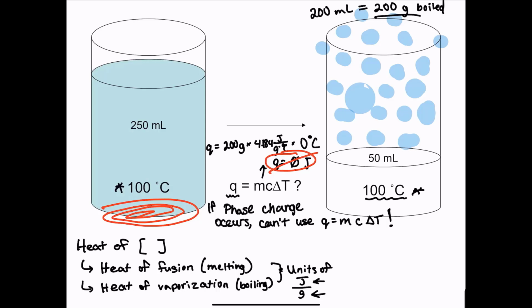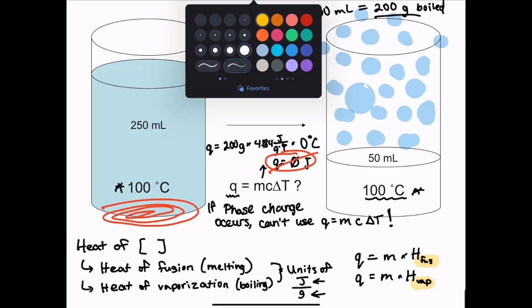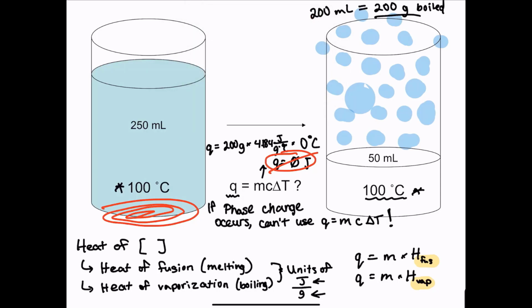So in order to relate these together, this time Q just equals the product of the mass and the heat of either fusion or vaporization. So I'm going to write both of these expressions, but really I want you to think that you only need to remember one of these, and that the subscript here just basically depends on whether you're melting or boiling the substance.